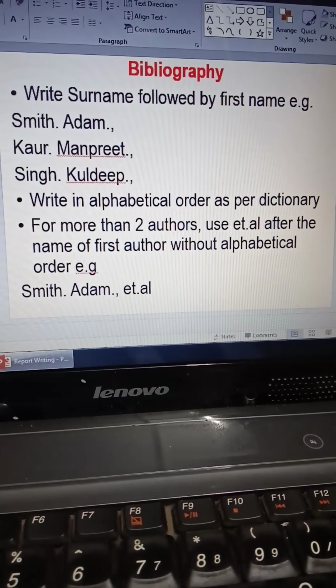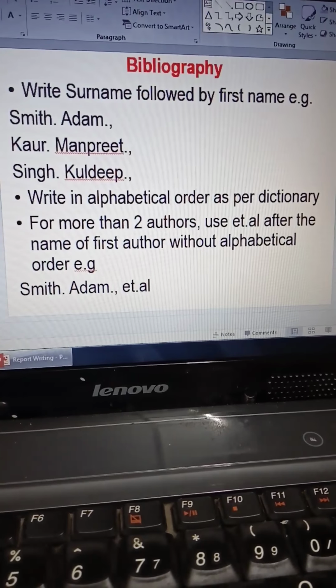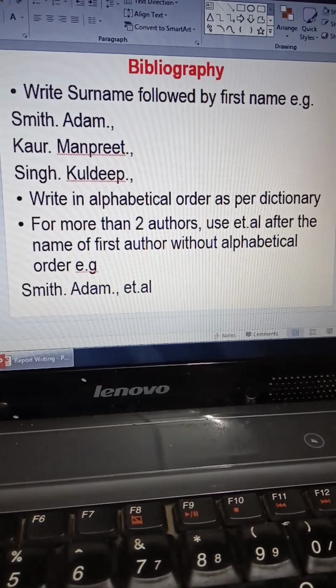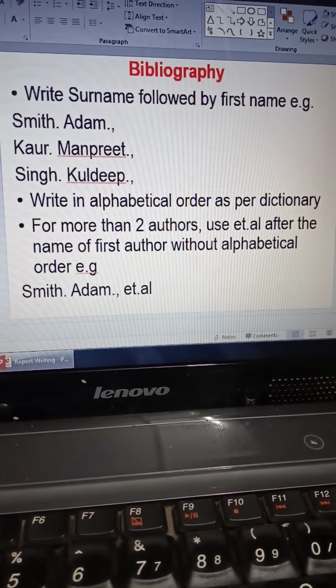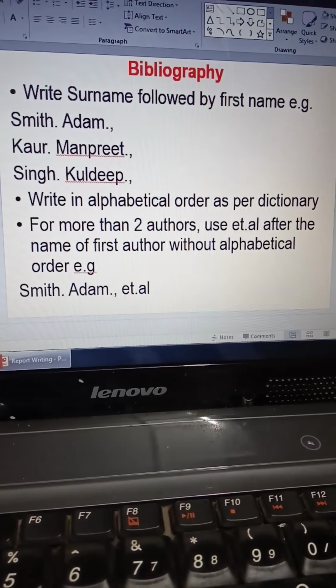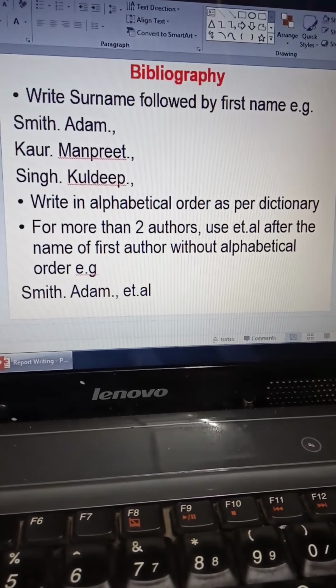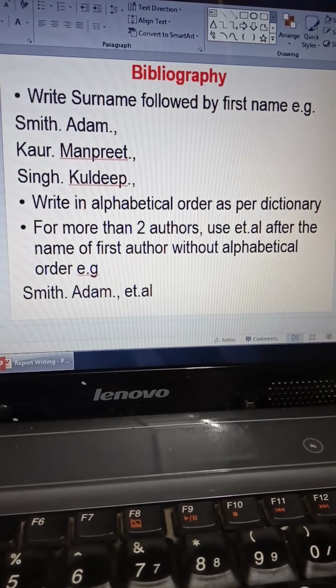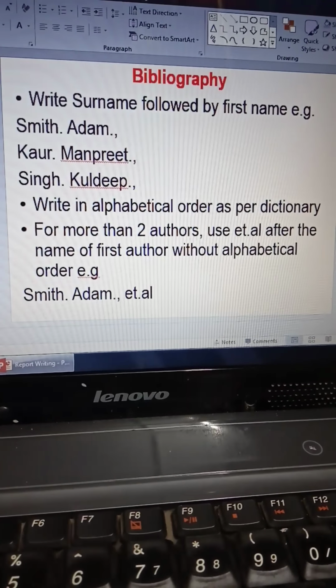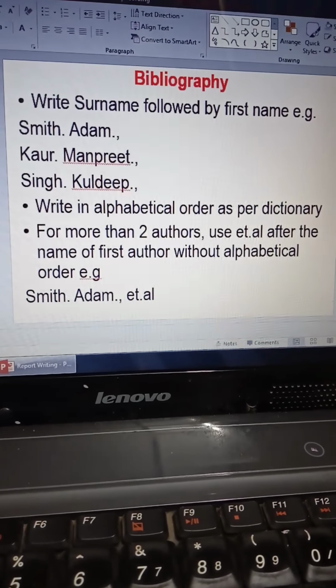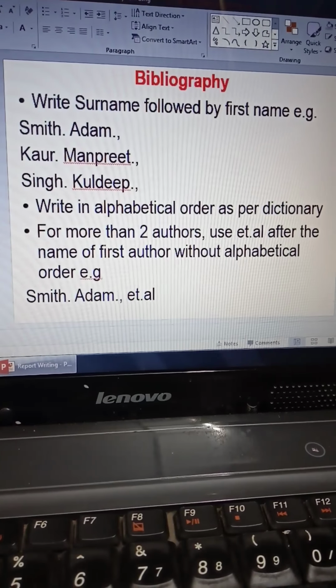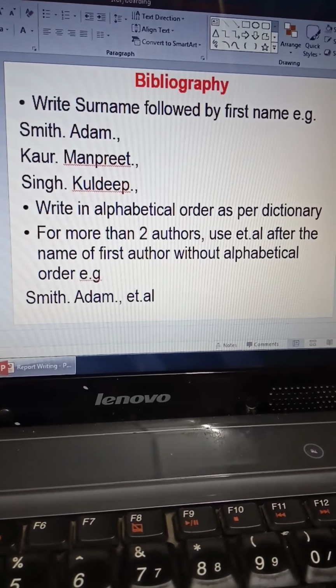That means if Adam Smith, Manpreet Kaur, and Kuldeep Singh have published a paper, you will write the names like this: Smith, dot, Adam, dot, comma, et al.